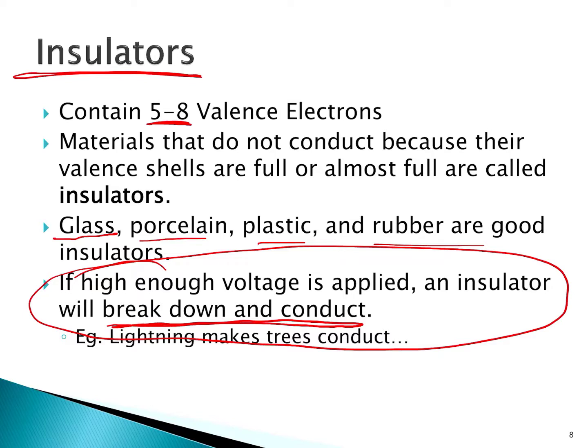And it'll happen if the voltage is high enough. So the example is lightning, right? When we think of lightning and millions of volts, that can cause things like trees and other things that are not conductive material to conduct electricity to ground. And so that's important to know, that even though these are classifications, if the voltage is high enough, you can get any material to conduct.